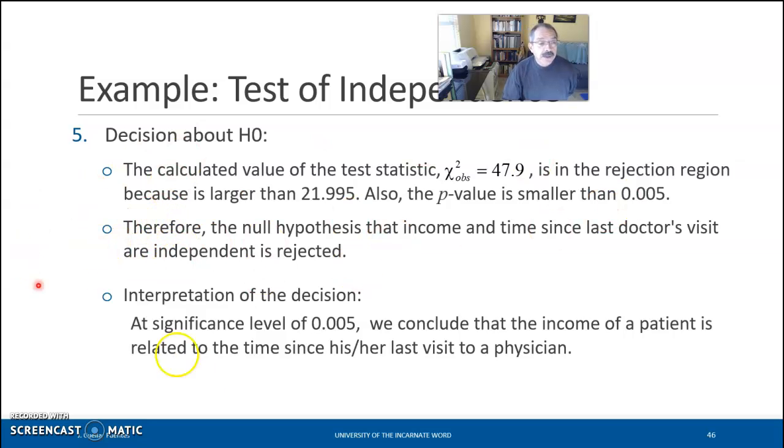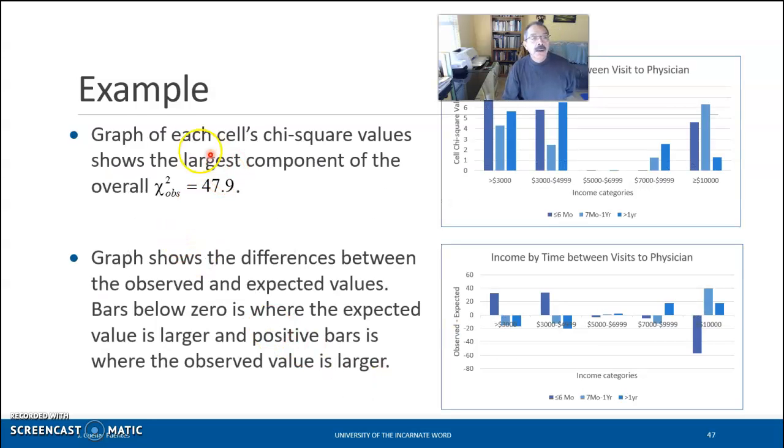So the interpretation of the decision then is at the significance level of 0.05, we conclude that the income of a patient is related to the time since his or her last visit to a physician. Now again, you may feel that it doesn't tell you very much other than these two variables are related. So what you could do is then look at the chi-square values, using these Excel graphs, just to see where the larger discrepancies are.